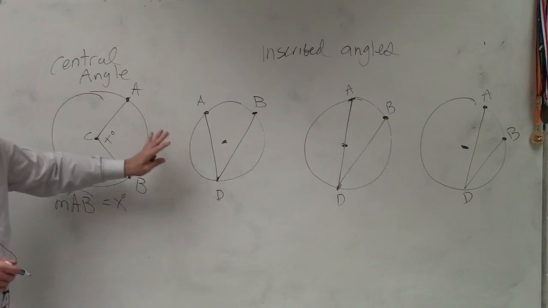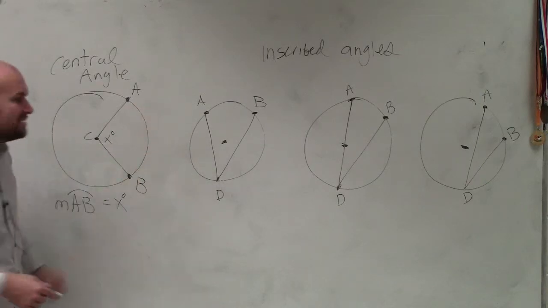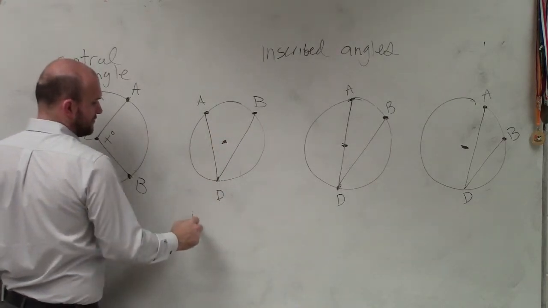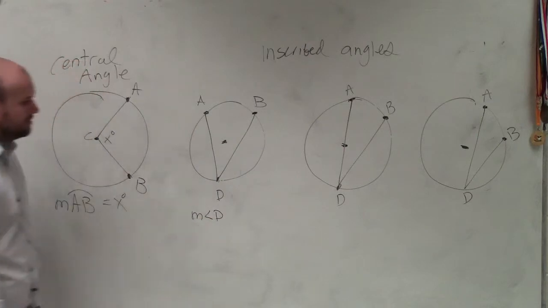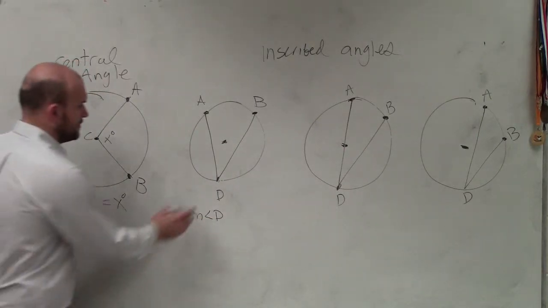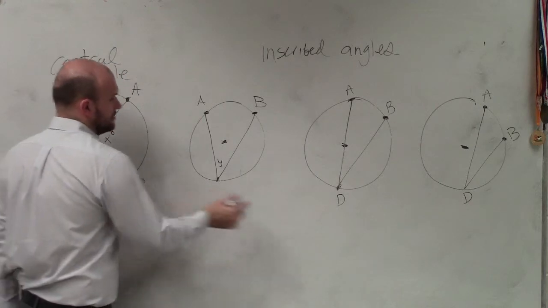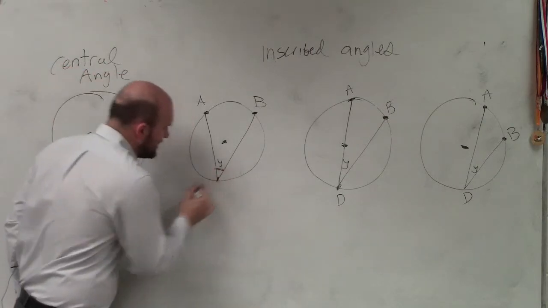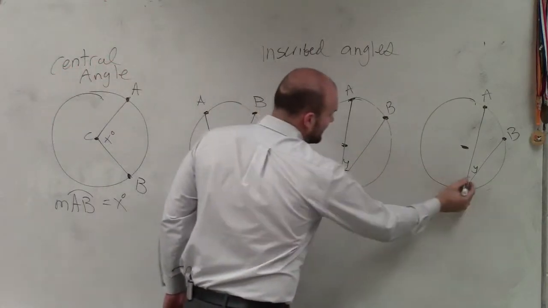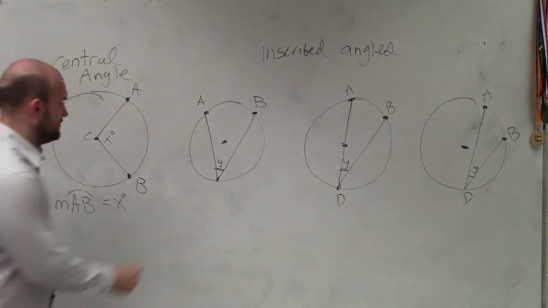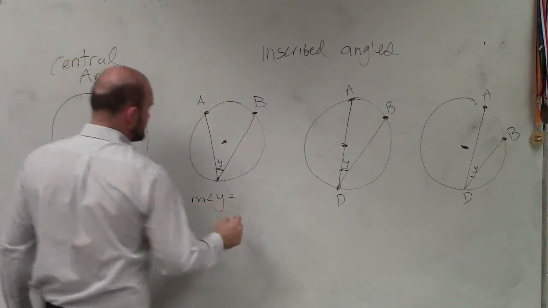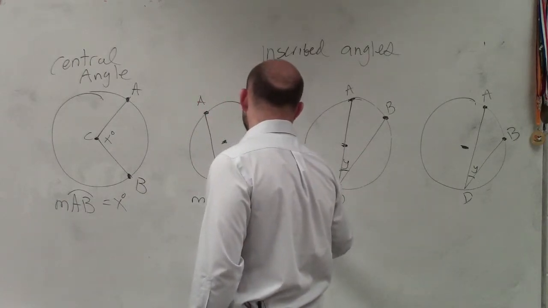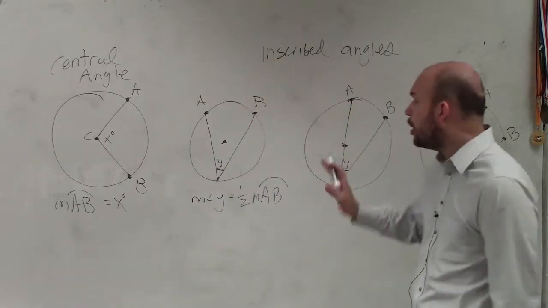For an inscribed angle, the measure of an inscribed angle, let's call these all Y. So the measure of angle Y, this angle right here, is equal to 1/2 the measure of the arc AB.